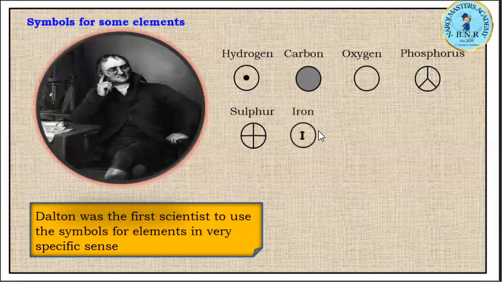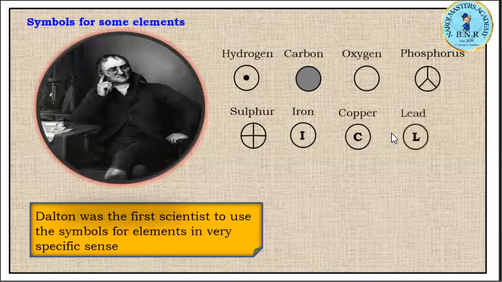Next, iron is a circle with one I, which indicates iron. And copper is C. Here the question will come to mind: lead is L, copper is C, iron is I, etc. Very good. Now silver.